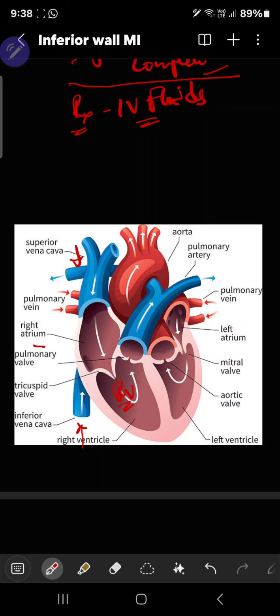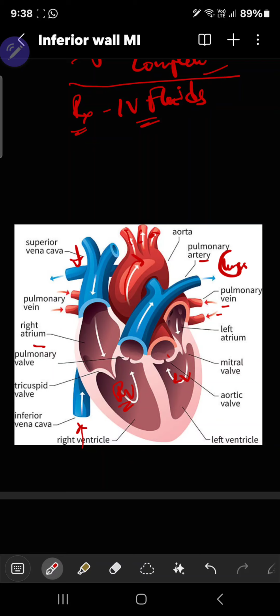From the right ventricle it goes to the pulmonary artery and then the lungs. In the lungs it gets oxygen, and oxygen-rich blood will be coming through the pulmonary vein into the left atrium and then the left ventricle, and then supplies various parts of the body.